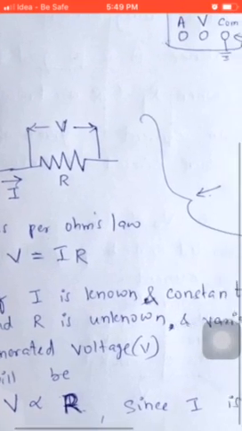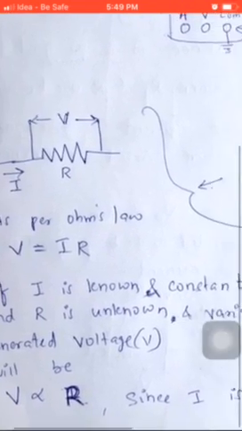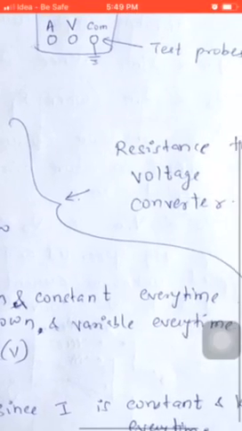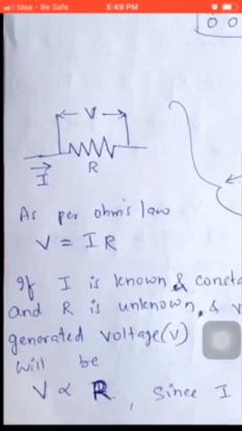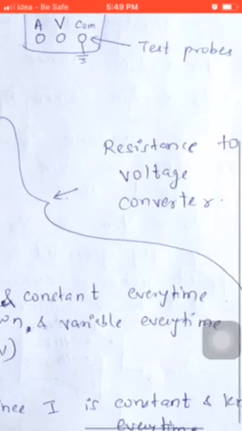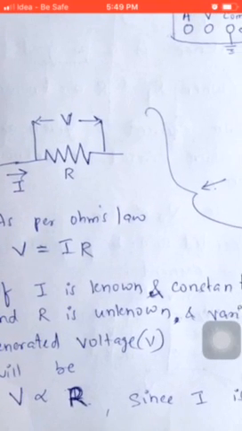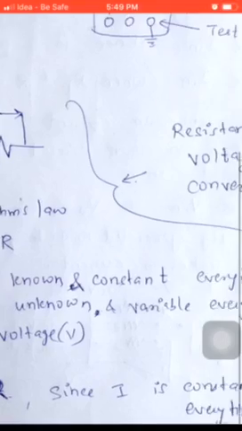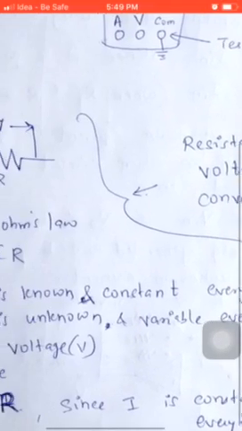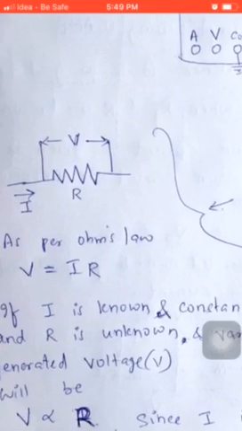If I is known, that is current is known, and constant of course every time, and R is unknown and variable every time, then the generated voltage V will be directly proportional to R, since I is constant and known every time. So the basic thing that you have to remember here is that in the equation V is equal to IR, I is constant and I is known to me.